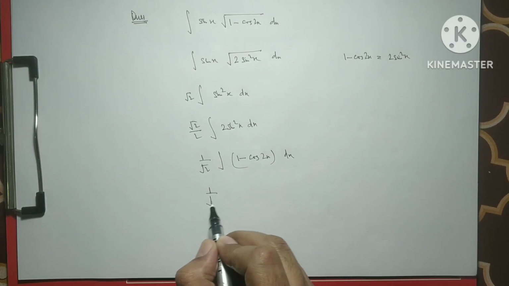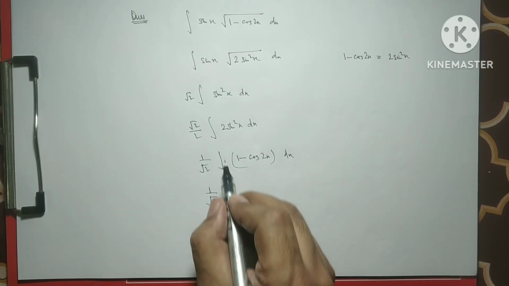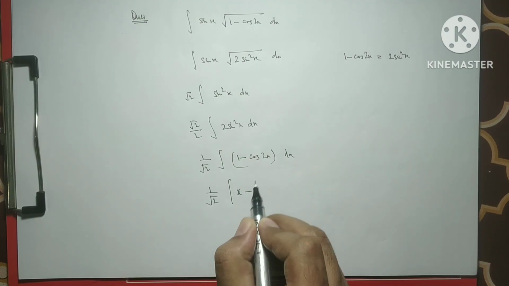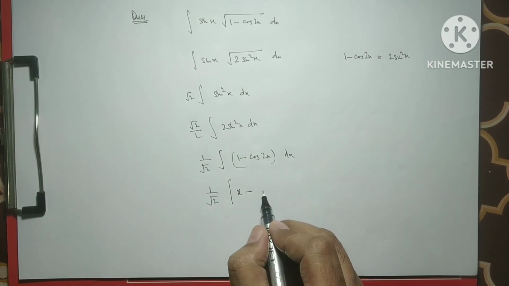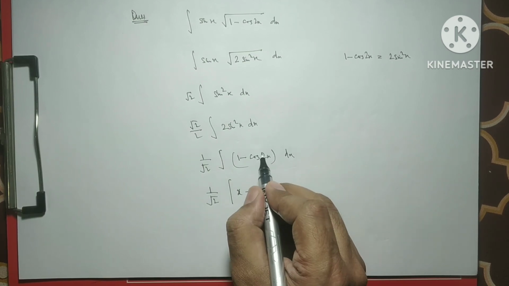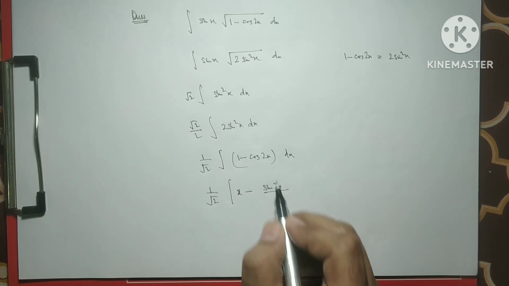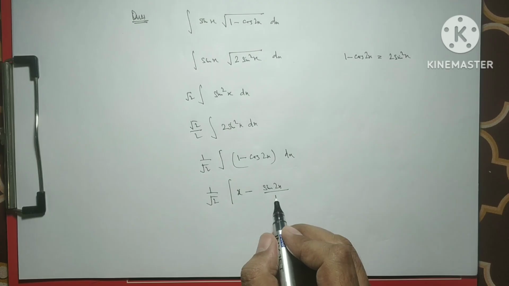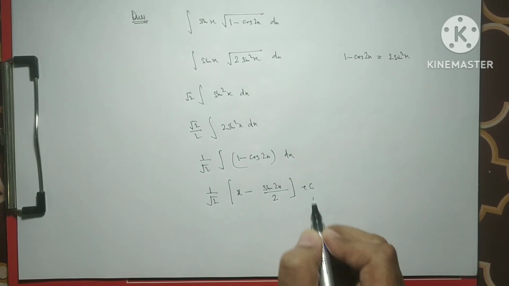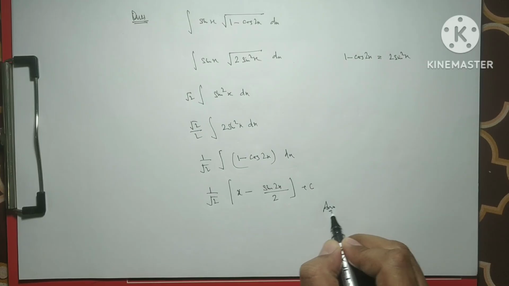So right now the integration of 1 is x, and the standard integration of cos is sin 2x, and the substituted part is 2x. Then we will divide by the differentiation of substituted part, that is 2, plus c. So this is the answer.